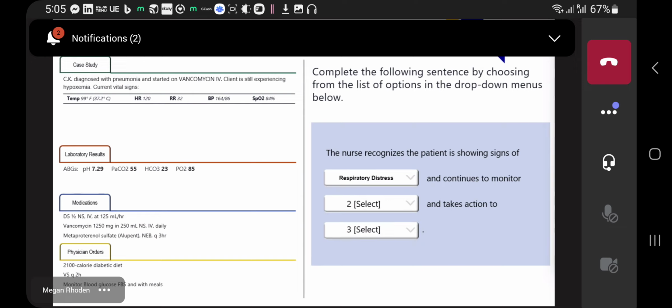All right, so we recognize that the patient is showing signs of respiratory distress and continue to monitor the vital signs every 2 hours, confusion and extreme tiredness, daily weights, or ECG changes. Which one, guys?